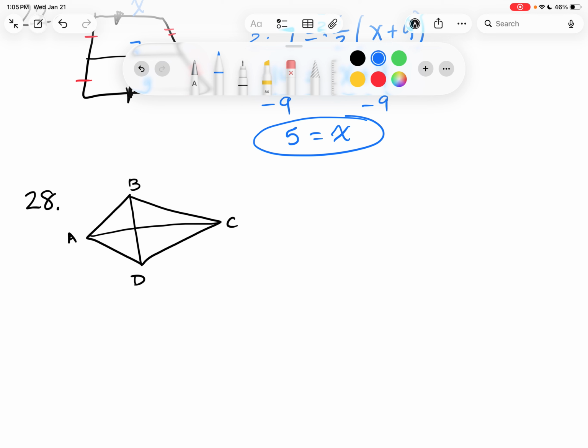Now, they've told me that it's a kite, but what do I know about the diagonals of a kite? They're perpendicular. They don't mark it that way, but they've told me that it's a kite, so I know that's true. If they didn't tell me it was a kite, I would need to see those markings to know for sure. Okay, so this side is 2, this one is 3, this is 3, and that's 4.